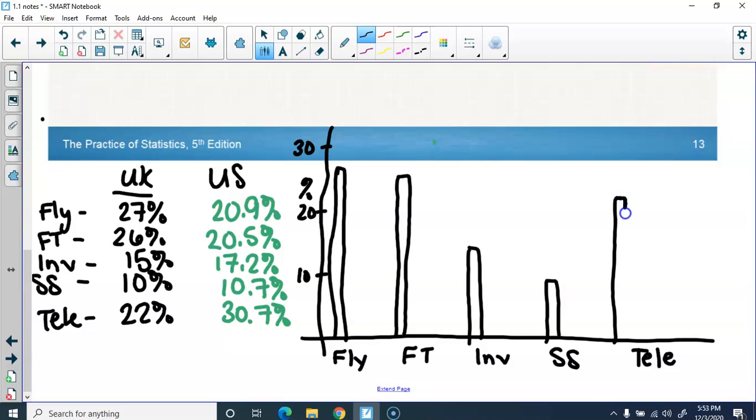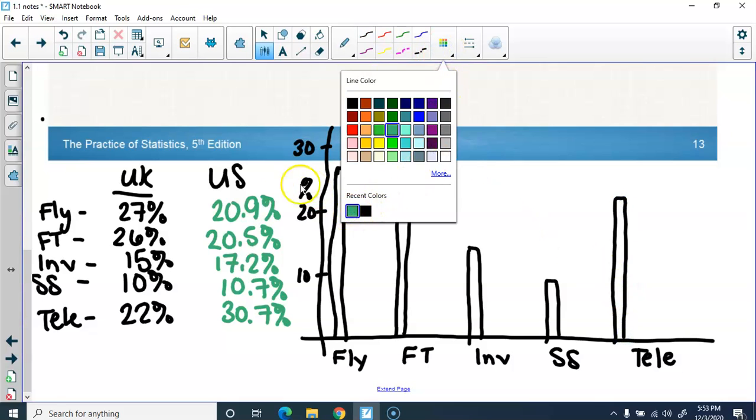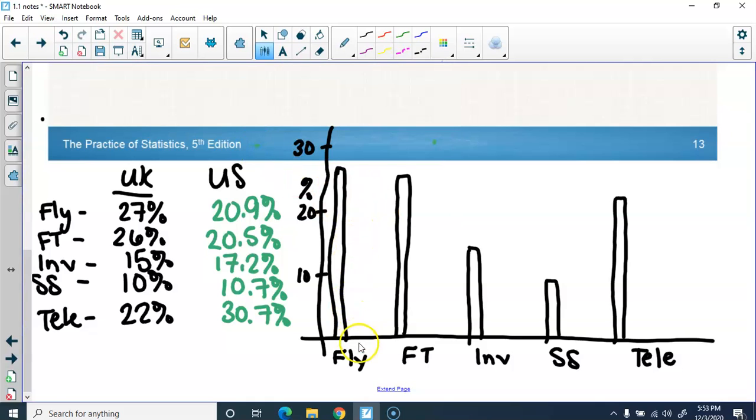The reason they call this a side-by-side bar graph is that now we are going to do all of the US right next to it, still under the same category, so 20.9 in this light green color. That way we can see the direct comparison between the black bar, which represents the UK number, and the light green bar, which represents the US number.